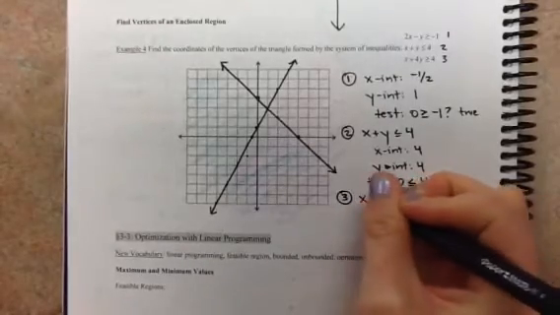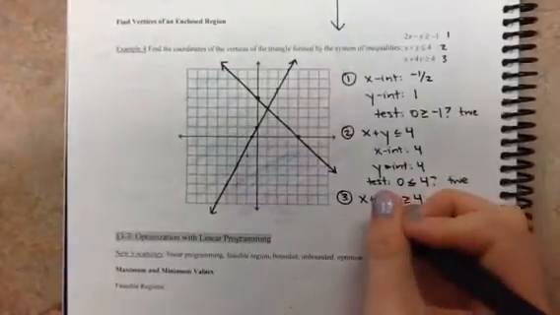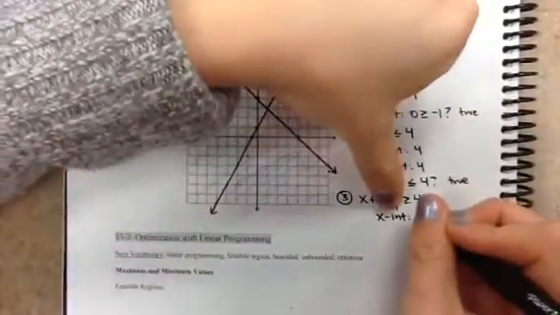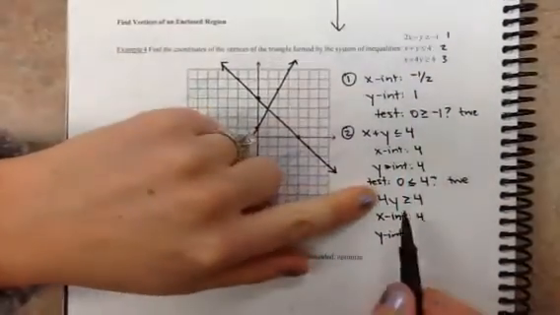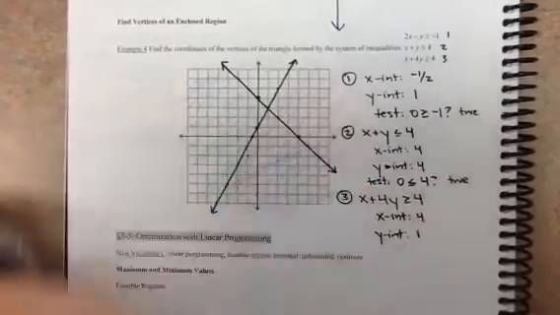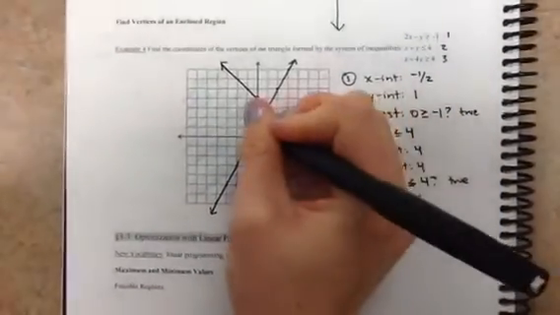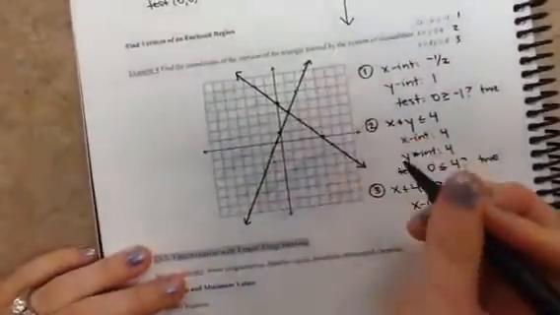So for this one, I've got x plus 4y is greater than or equal to 4. Starting with my x-intercept, I plug in 0 for y, so I get 4. And for my y-intercept, I plug in 0 for x. If I divide both sides by 4, I get 1. So it's the same x-intercept right here, and the y-intercept is 1. I have the or equal to, so I know it's going to be a solid line.